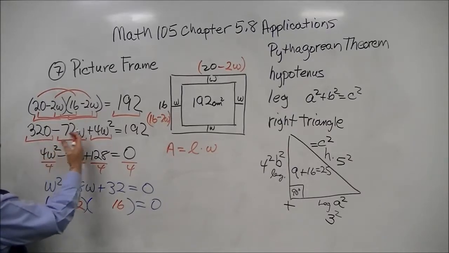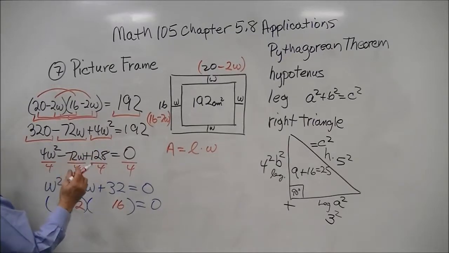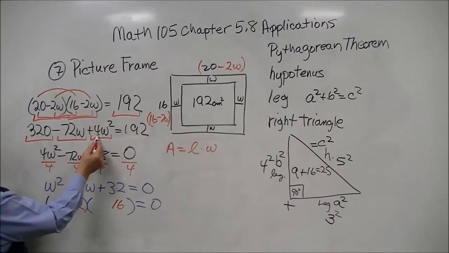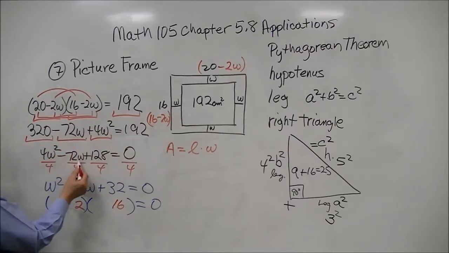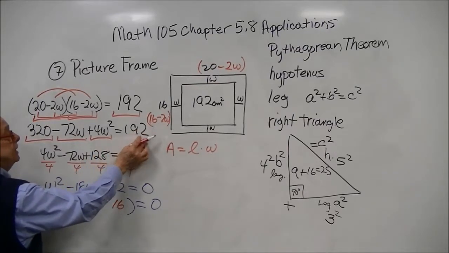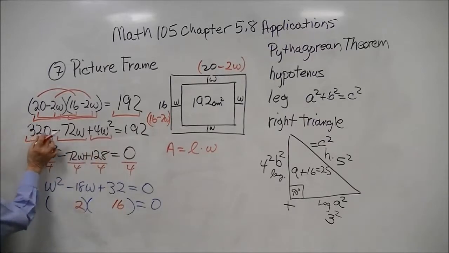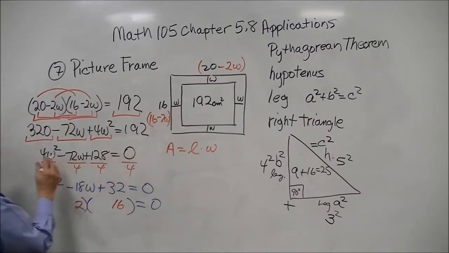Now, I have a quadratic equation that I have to put into standard form. So I put my 4w squared over here, my minus 72w there. I subtracted 192 from both sides, and I got 128 equals 0. So there's my standard form of the quadratic equation.